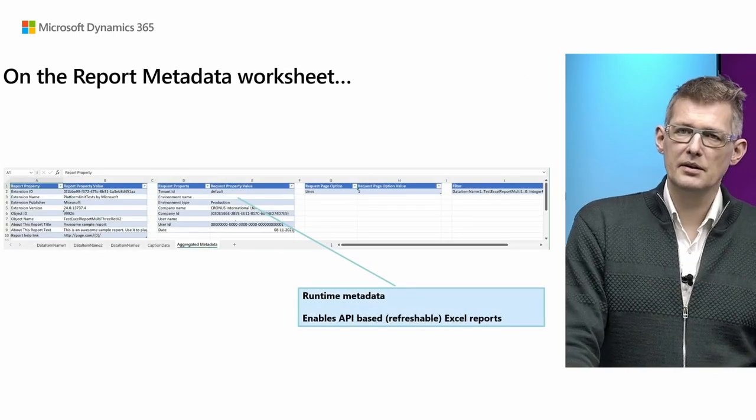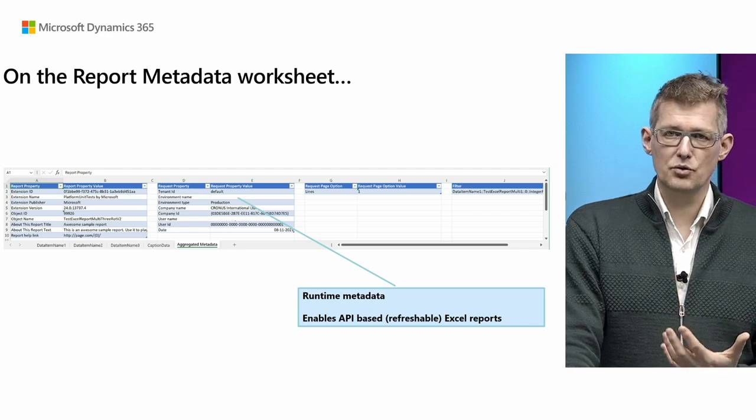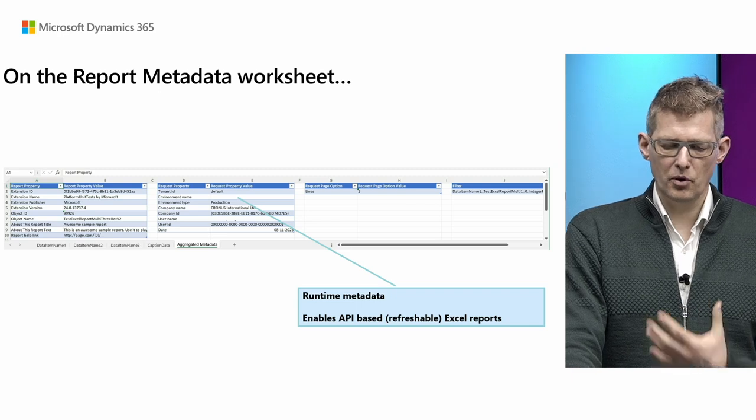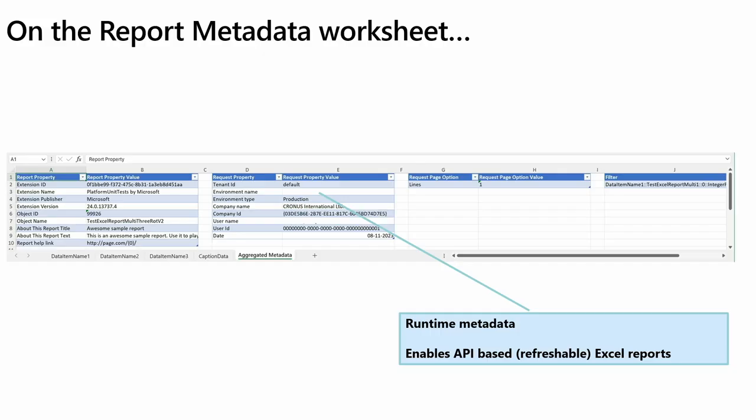And the good thing is that exactly these two pieces of information are now available on the new report metadata worksheet: the environment name and the company ID, also the company name.